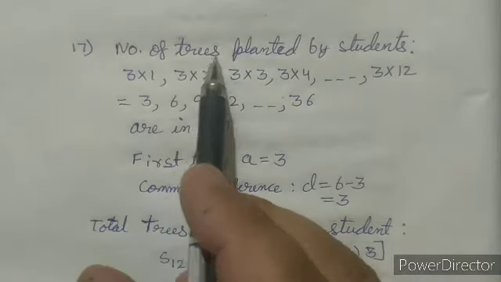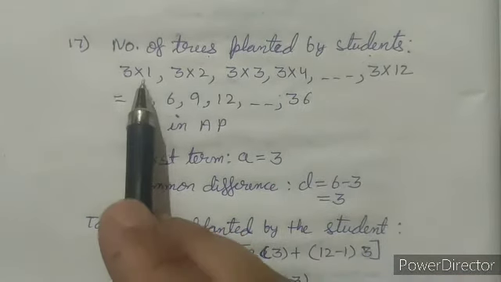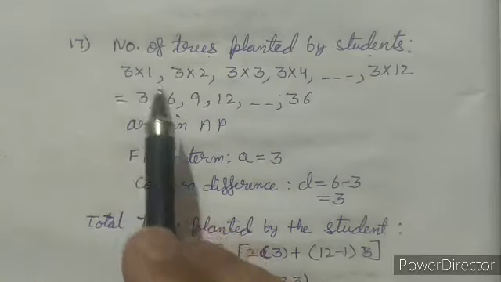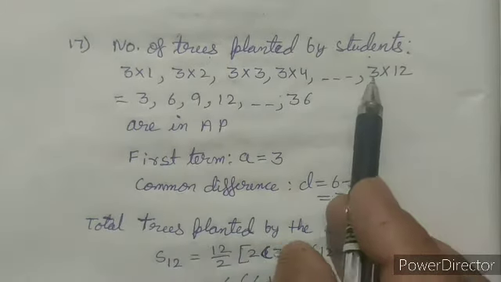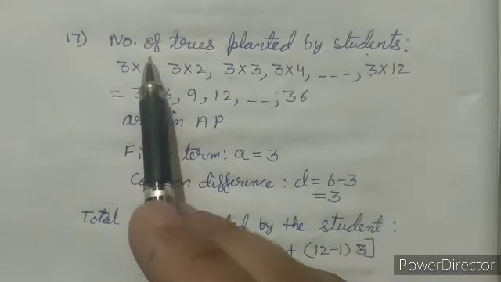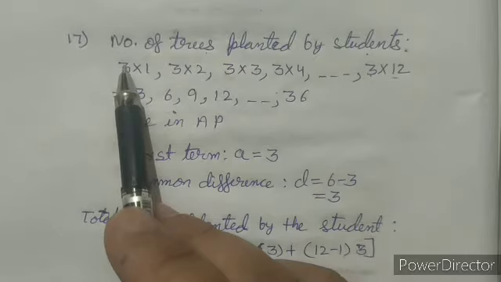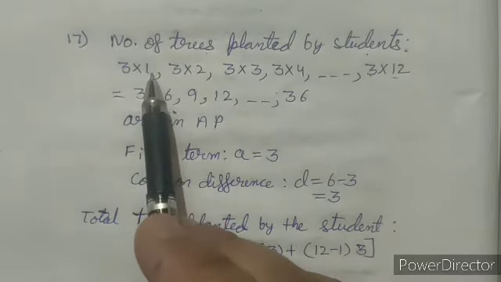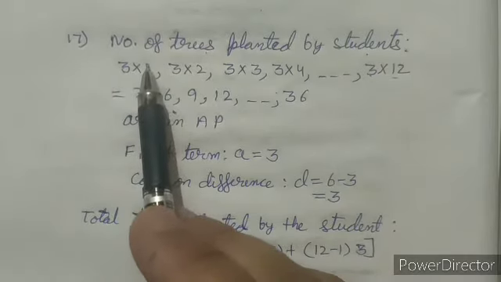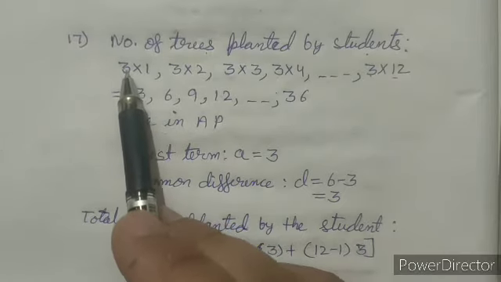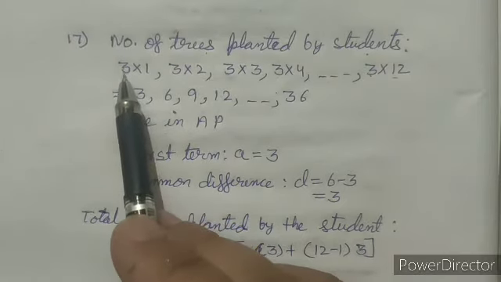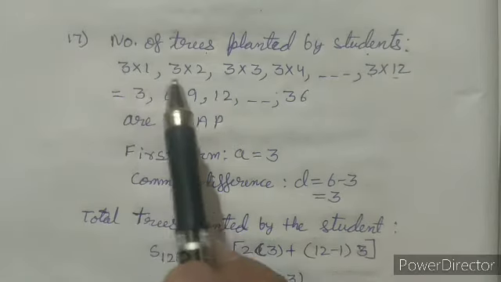The number of trees planted by students will be 3 into 1, 3 into 2, up to 3 into 12, as each class has 3 sections, and trees planted by class first will be equal to their class, that is 1. So 3 sections will plant 3 into 1 trees.